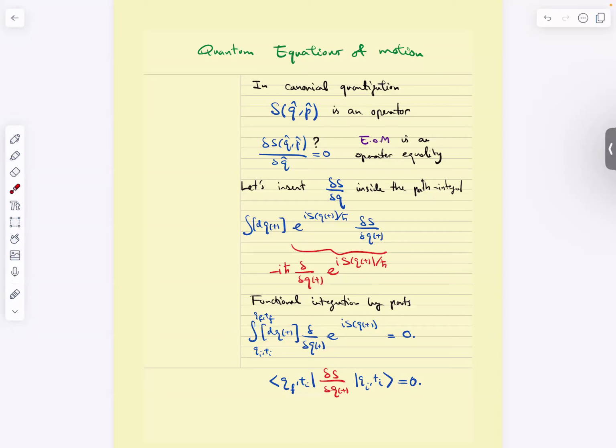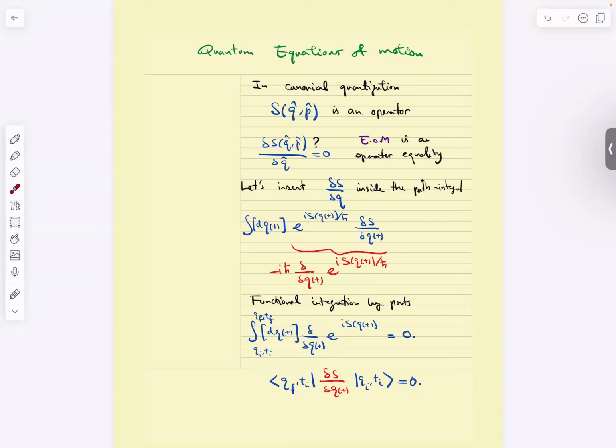It's independent of that. Remember the fundamental theorem of calculus? The integral of a derivative from x_i to x_f is just f of x_f minus f of x_i, right?